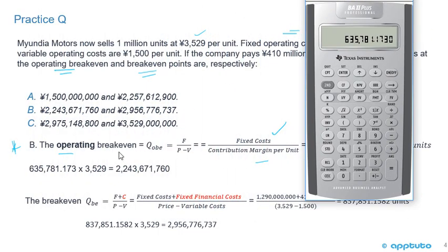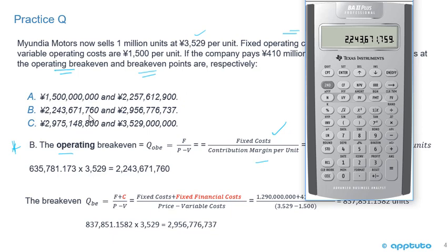I'll move the calculator over to the right-hand side a little bit, because our answers are in terms of dollars. So now we've calculated the break-even number in terms of units. We have to convert that to dollars, so we simply multiply by the 3,529, and we get 243,671,759, which rounds to B, 243,671,760.